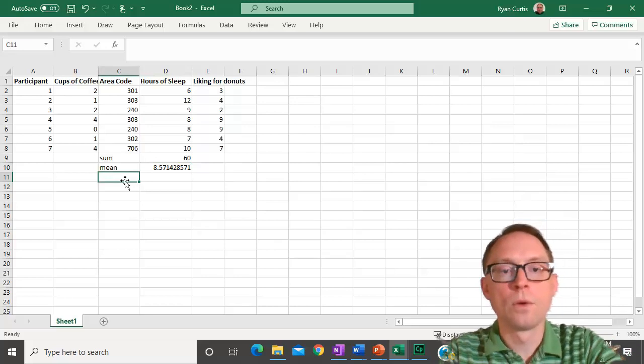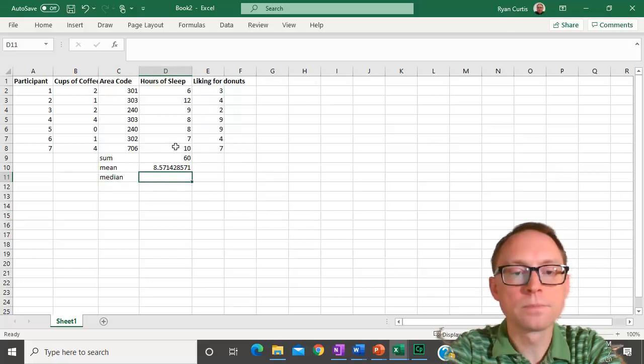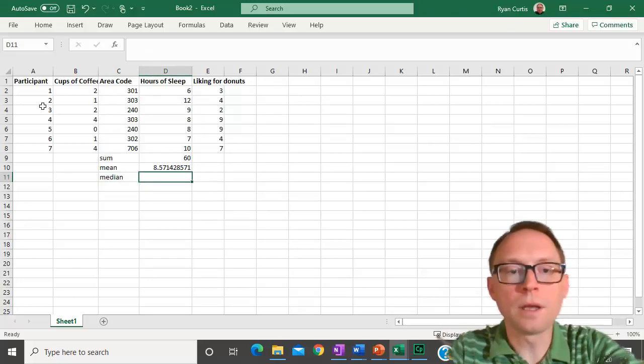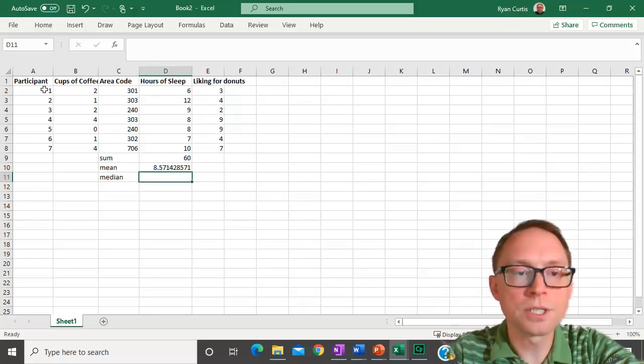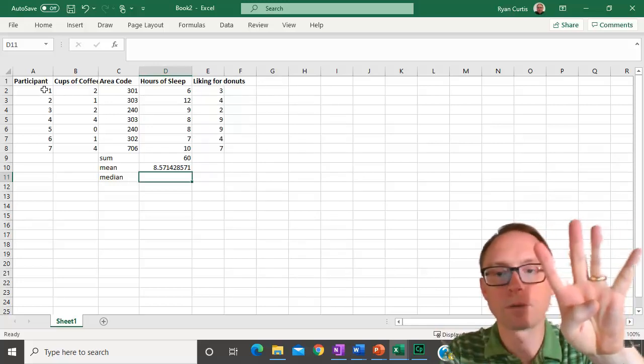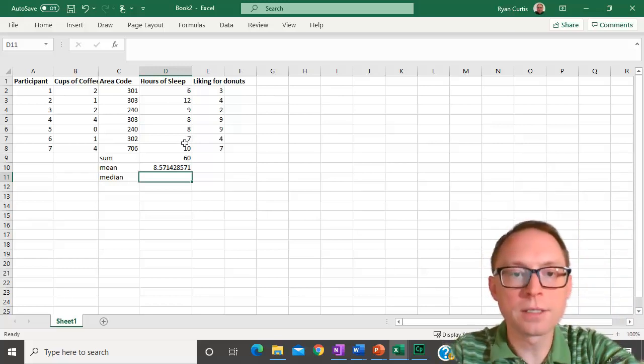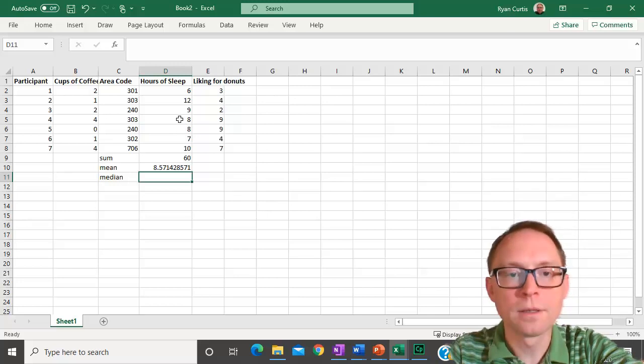What is the median? There are 7 total scores, so what we need is the fourth score, the one that's right in the middle. The lowest is 6, then 7, then 8, and the middle score is 8 right here.